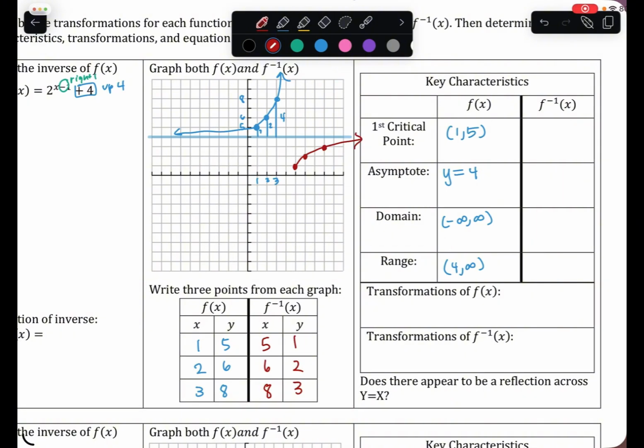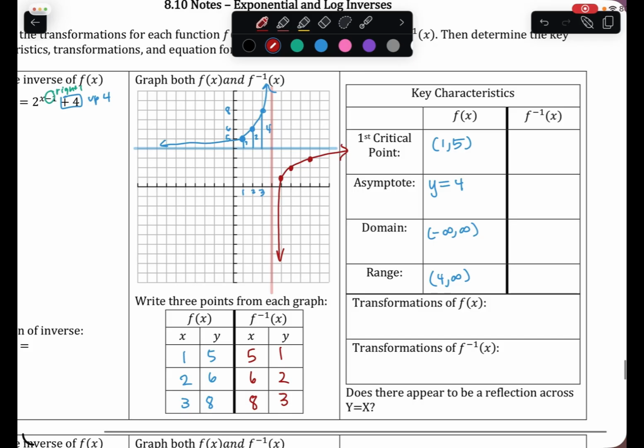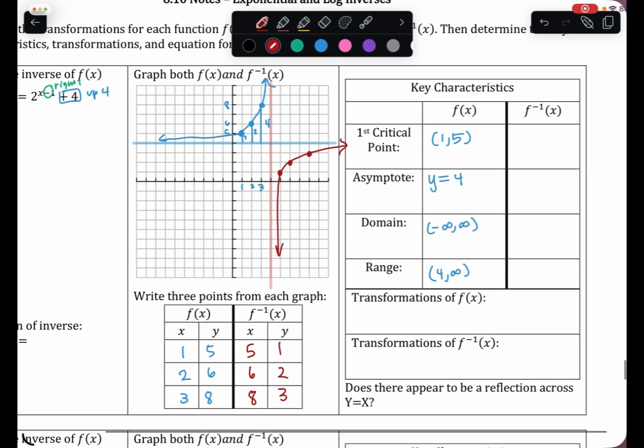Okay, so this function is going up towards the right, kind of like square root. But then instead of a horizontal asymptote, we are going to have a vertical asymptote at x equals 4. And so now this function is going down towards the asymptote. Okay, and so for our inverse function, we can see that our first critical point is (5, 1).